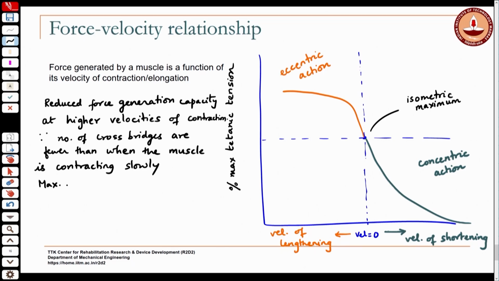The maximum number of cross bridges exist in the isometric state.